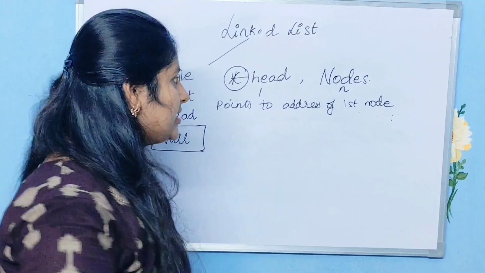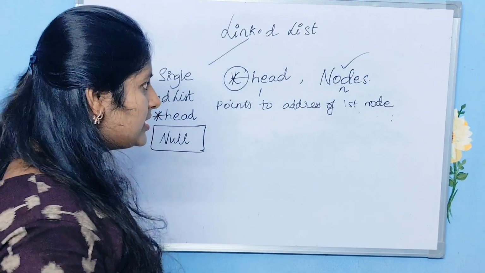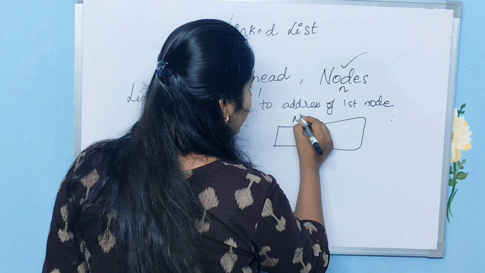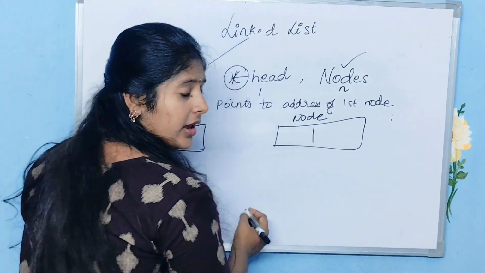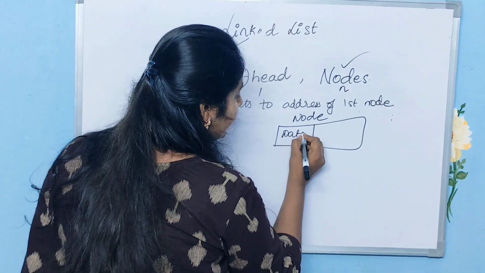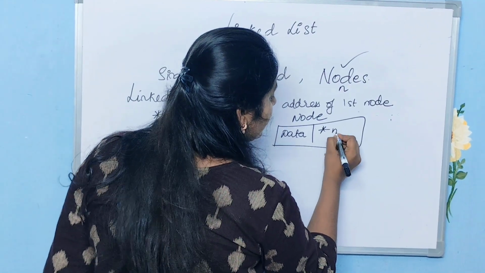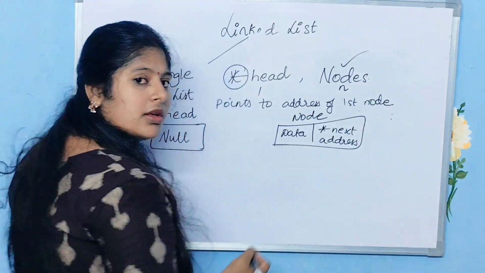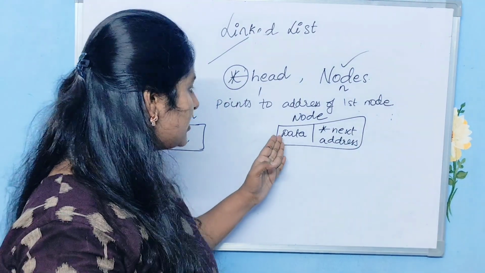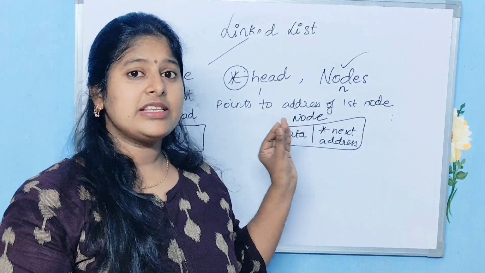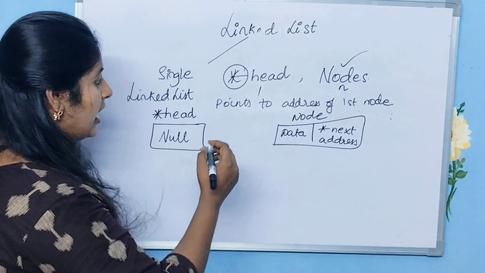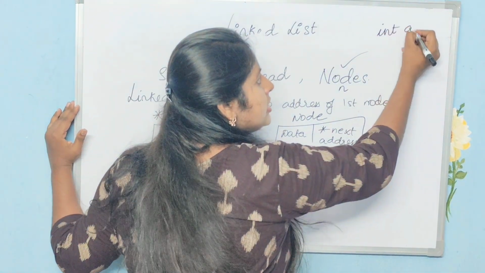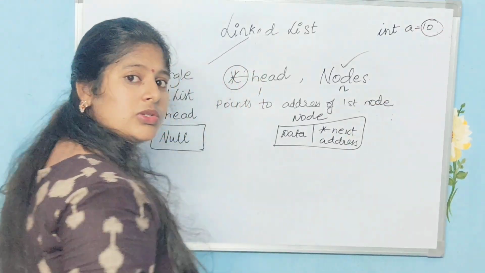My next one is nodes. A node has two parts in a single linked list. My first part is the data part and my second part is the next address. Say for example, I have taken a variable int a = 10.